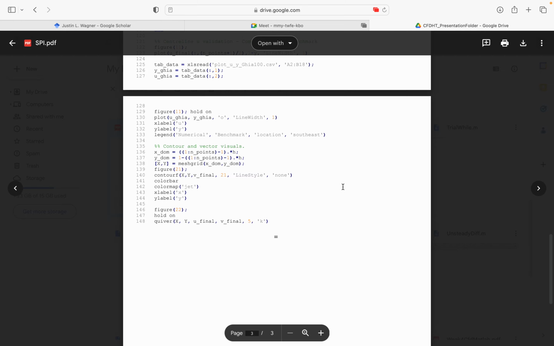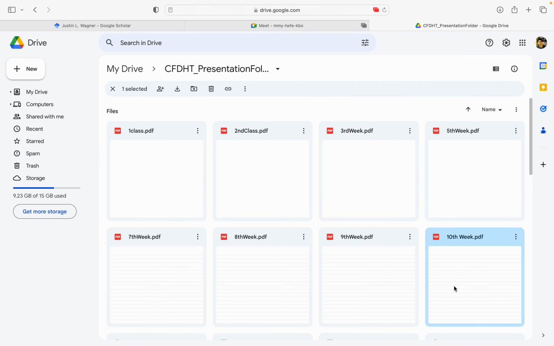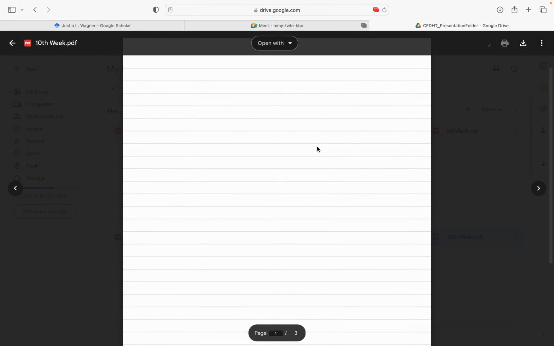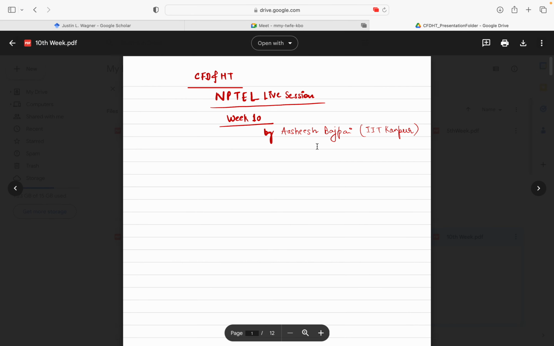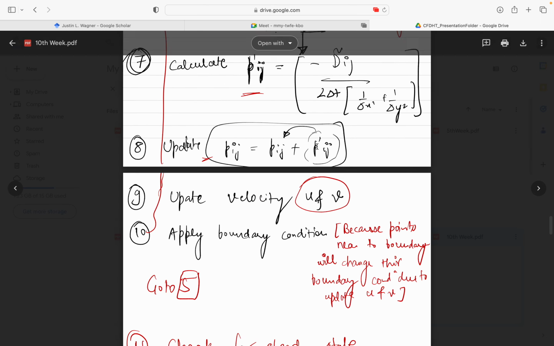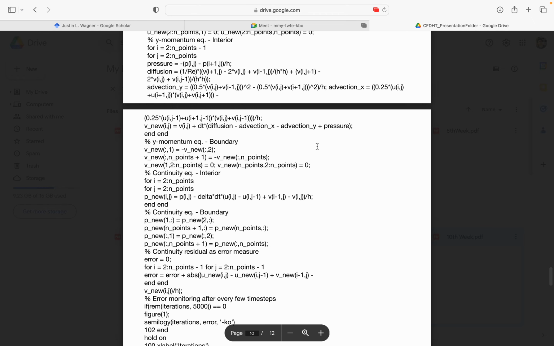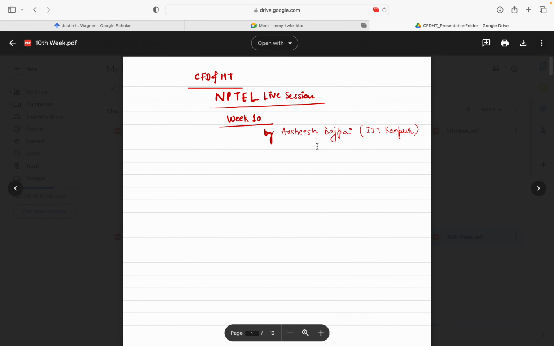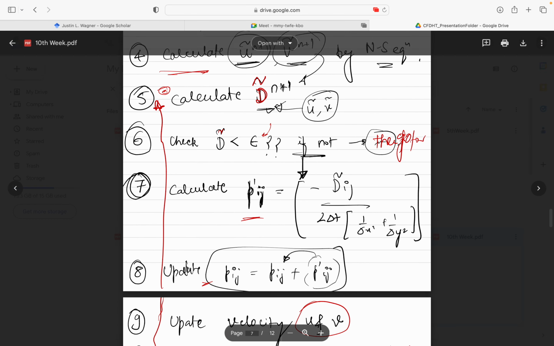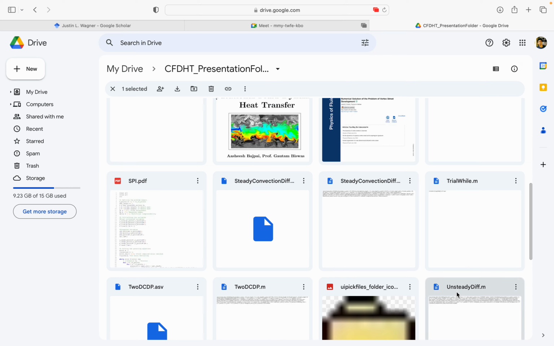This is for Navier-Stokes equation solution, and in my notes of 10th week I have explained the MAC algorithm first, and later I copy pasted it. So you can see this copy pasted code, which is for full Navier-Stokes solution by artificial compressibility method. Okay. It's okay.